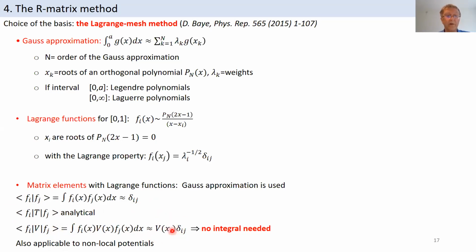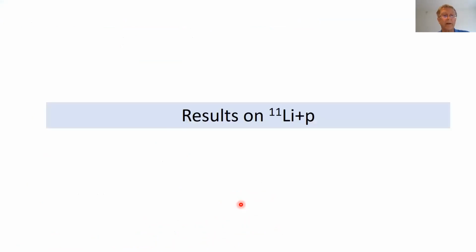So this is the value of the potential at the mesh point, which means that there is no integral which is needed. And this is also applicable to non-local potentials. And this is important to have fast calculations because these are large-scale calculations, and it's important to have fast calculation of the matrix elements.